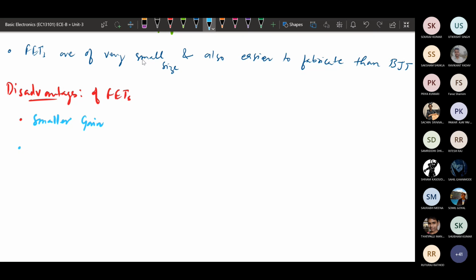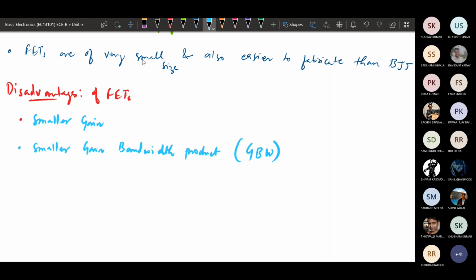So whatever input is there and output is there, the gain in terms of FETs is less. And as it has smaller gain, it also has a smaller gain bandwidth product. So this is the disadvantage associated with these FETs.